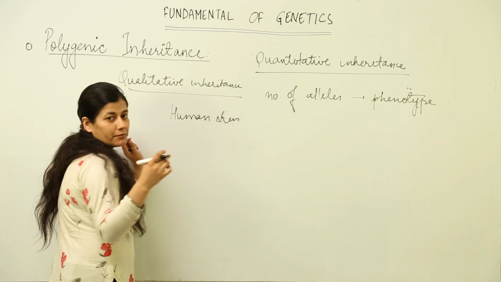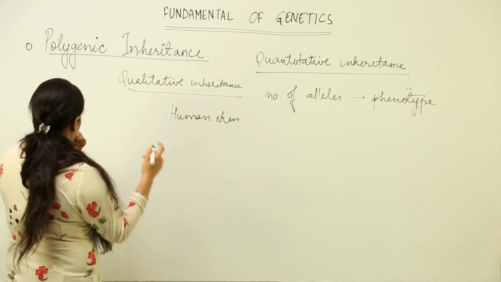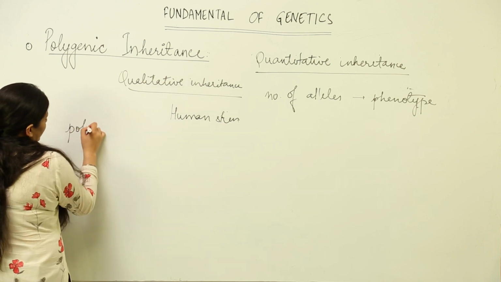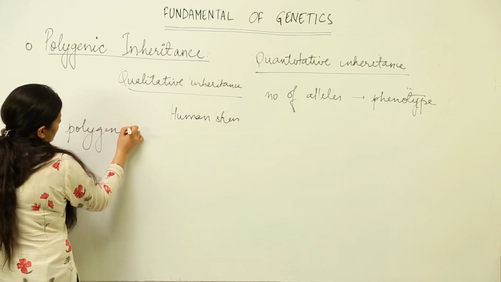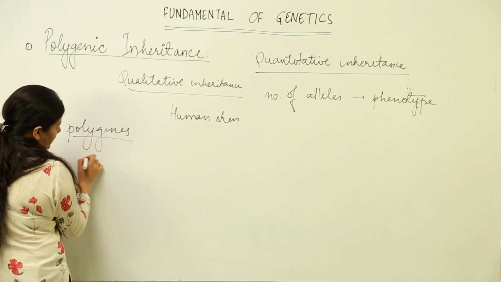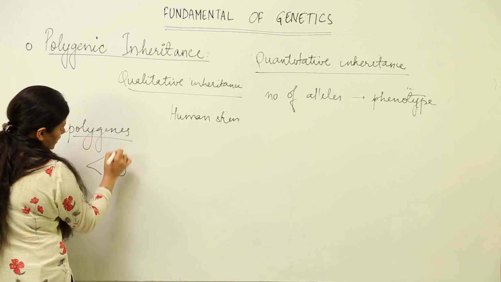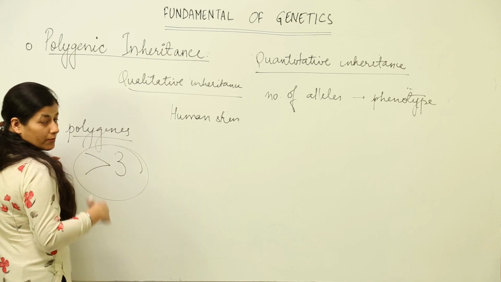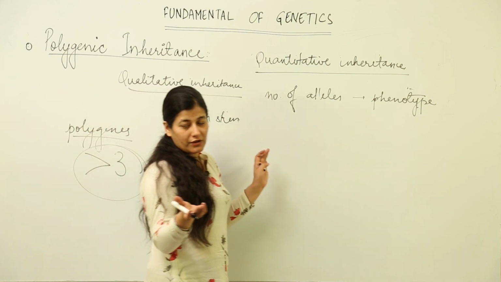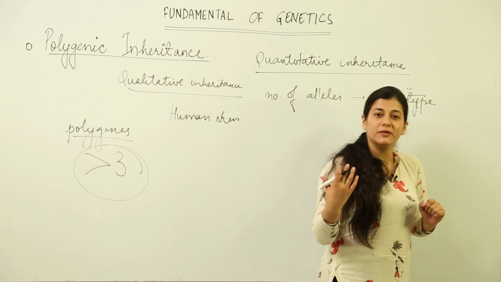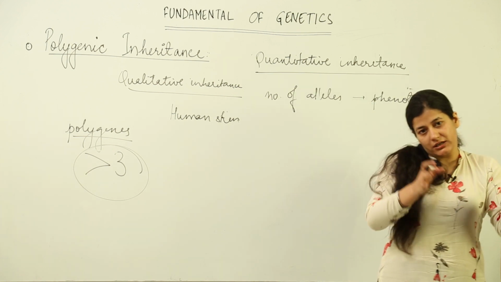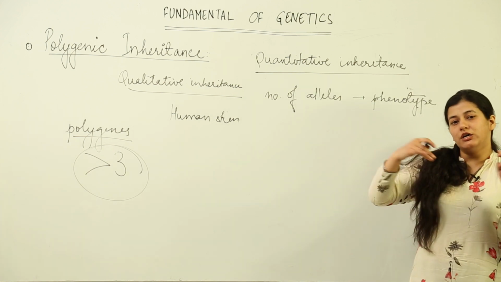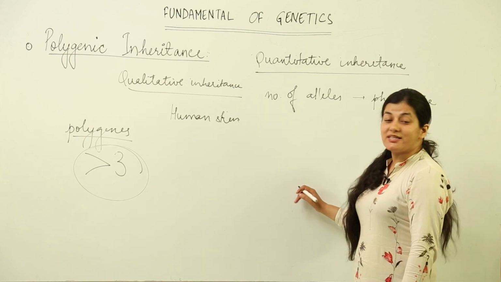One thing you have to keep in mind is that often it is the expression of polygenes. That means more than 3 genes are involved in giving the expression of phenotypes, and the more the number of alleles in a particular direction, the more the phenotype will show its expression.